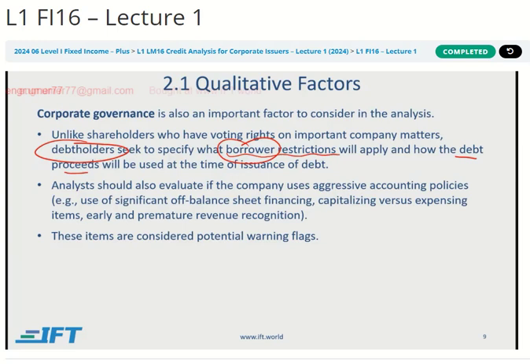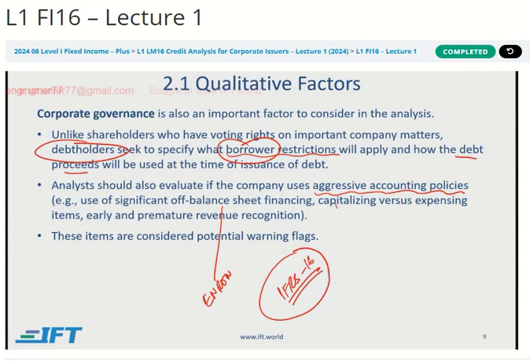Fixed income analysts should also be very, very carefully monitoring aggressive accounting policies, right? And again, off balance sheet financing, very relevant for the Enron scandal. And then we also have now IFRS 16, which stops this type of activity because now leases are required to be brought onto the balance sheet. You cannot have off balance sheet, right? You need to book that right of use of an asset and you need to book that lease liability as we discussed in FSA, in financial statement analysis, right?